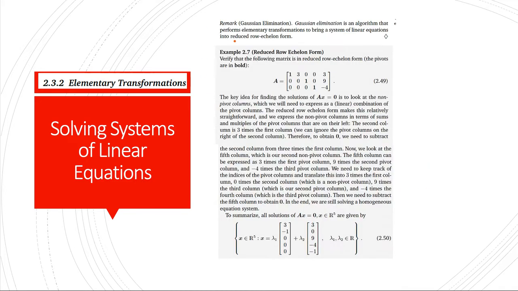Gaussian elimination is an algorithm that performs elementary transformations to bring a system of linear equations into reduced row echelon form. So verify that the following is in reduced row echelon form. The pivots are in bold. This is just the way to verify whether this is row echelon or not. From here, you can try to get the solution.